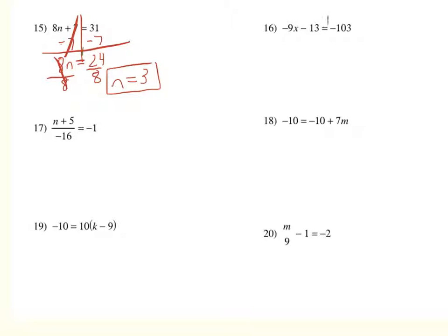Number 16, balance, add 13 to both sides. You can cross that on this side. 9x is equal to negative 103 and 13 is negative 90, sorry about that. Going to divide both sides by negative 9. My answer then is x is equal to 10.